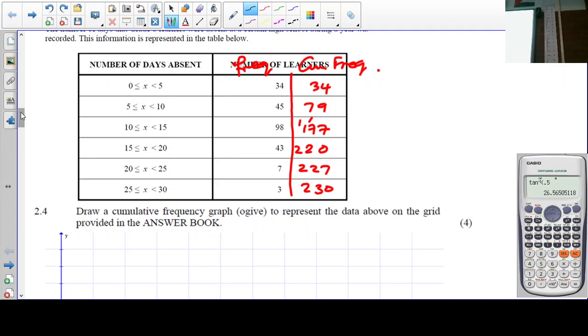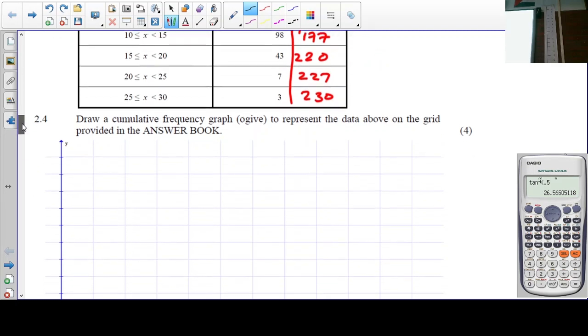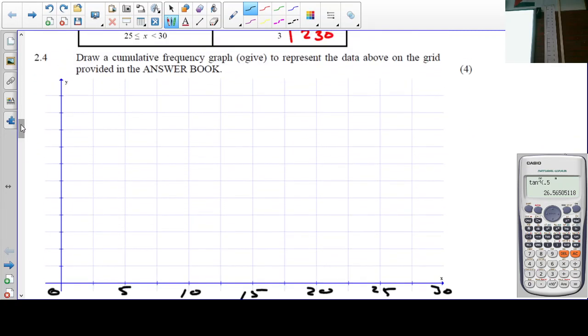Your cumulative frequency we've got on your y-axis and it comes in at 230. If I divide 230 by 10, I get 23. So let's make it 25.